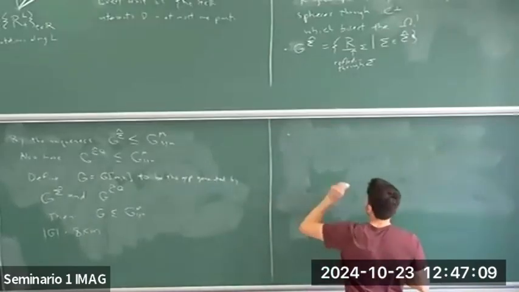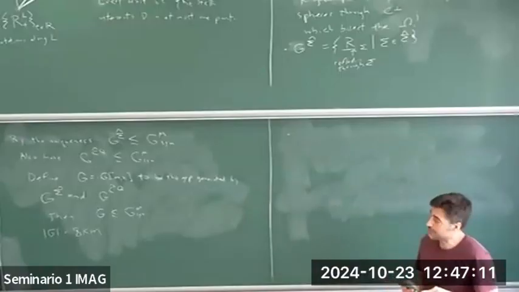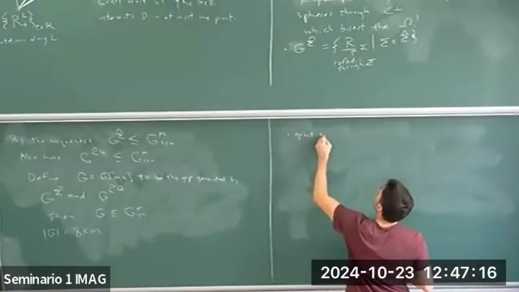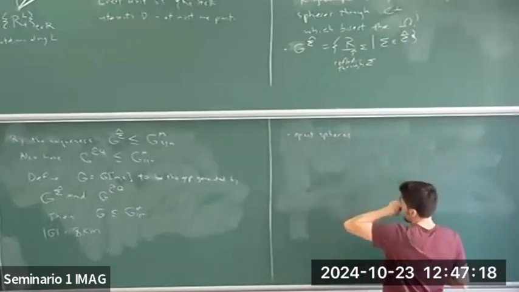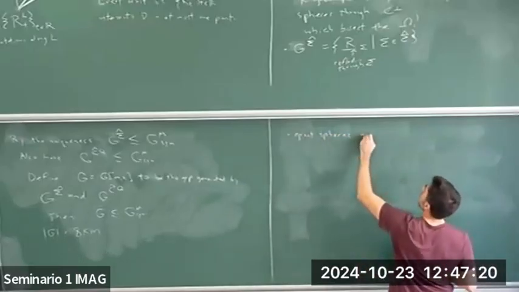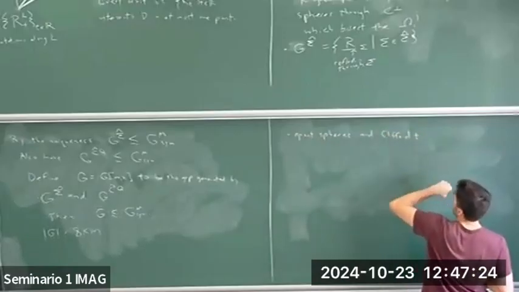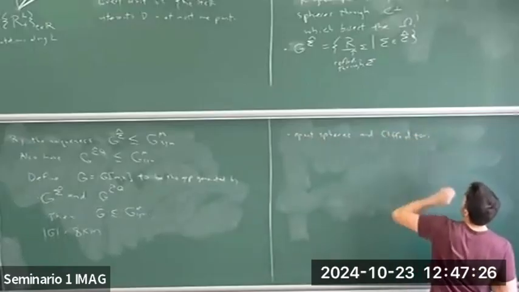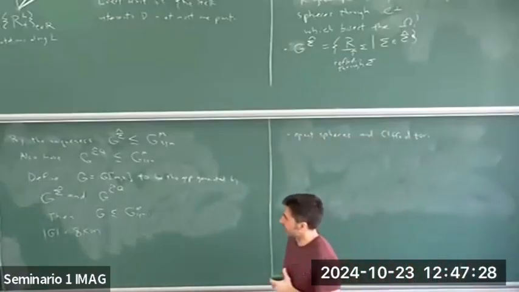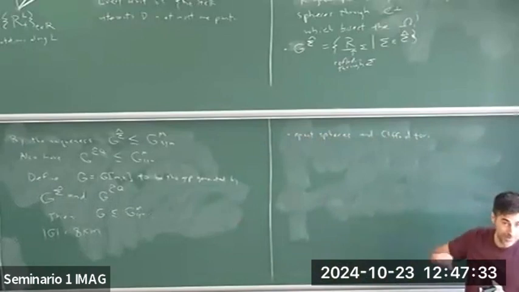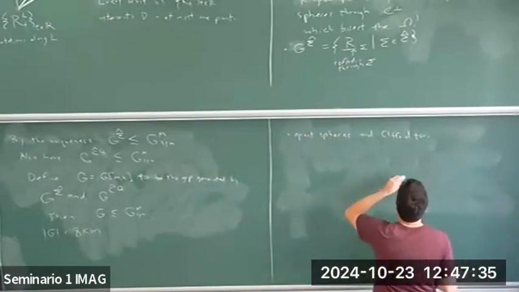Okay, so we know that we have these exceptional Lawson surfaces, the great spheres, and this very special one, the Clifford torus. And those obviously have infinite symmetries, and so this group will be a proper subgroup of G in that case.